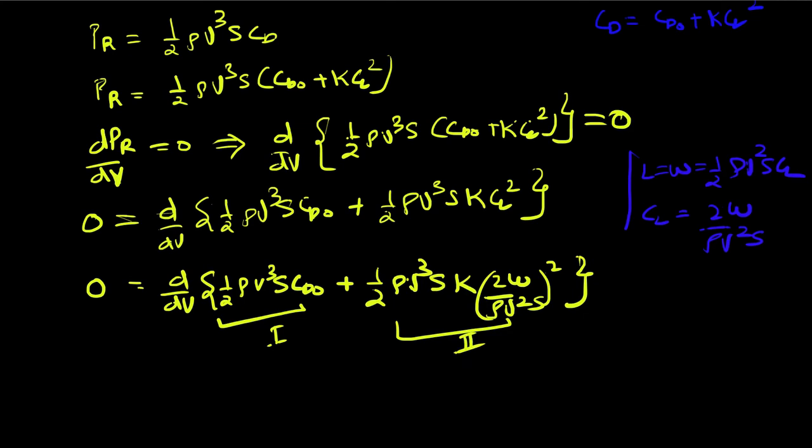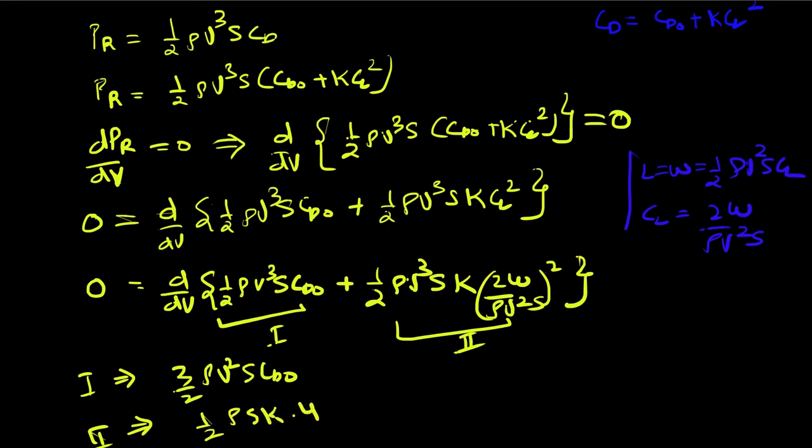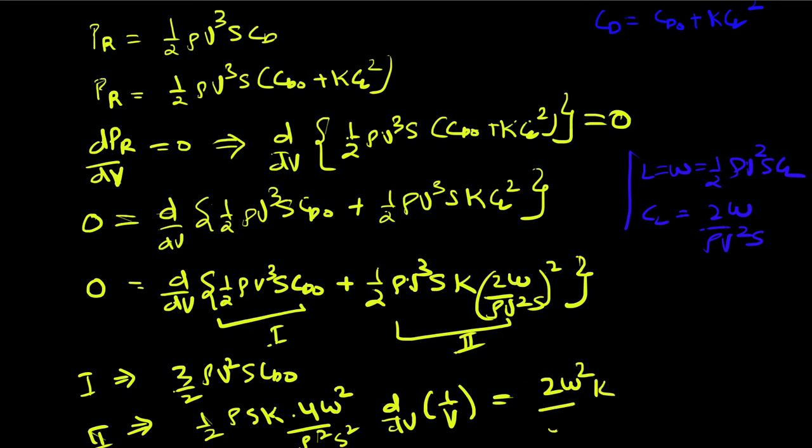Differentiating term 1 we will get 3 by 2 rho V square S CD naught, and term 2 will be half rho S k into 4W square by rho square S square into d by dV of 1 by V. This will be equal to 2W square by rho S into minus 1 by V square.